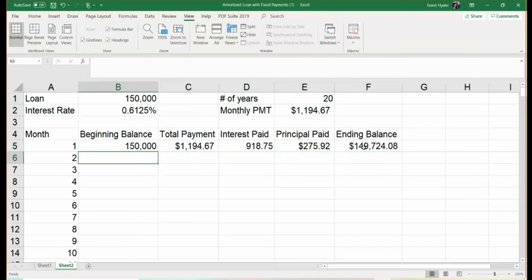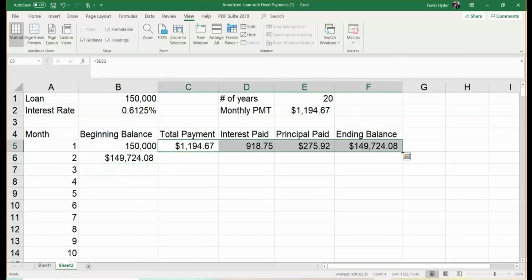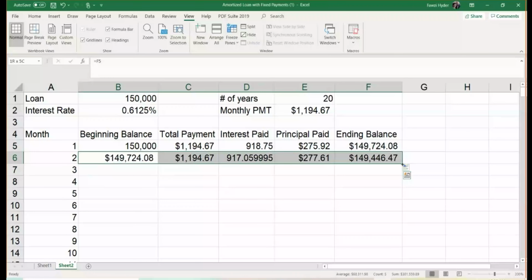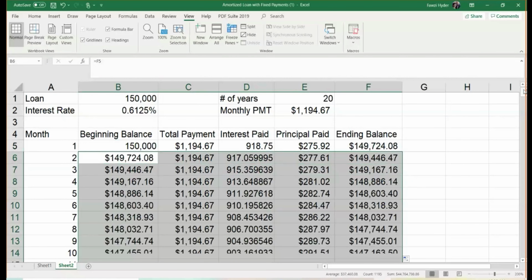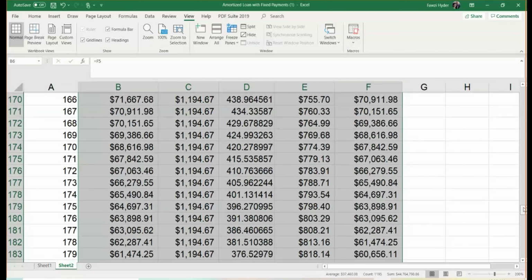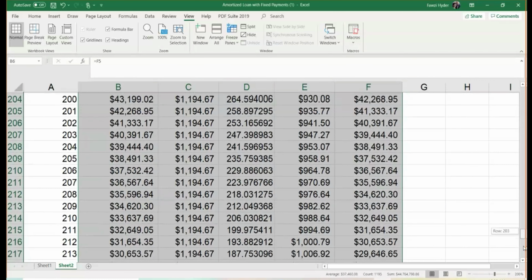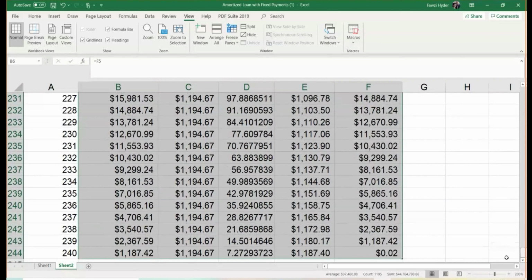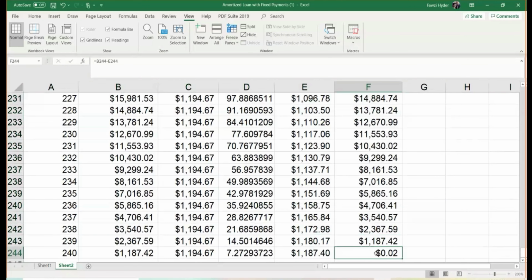Now for the second month, the beginning balance is equal to the ending balance in month 1. And now mainly I can drag this formula till I get to month 240. Now, of course, here the 2 cents, this is due to rounding.